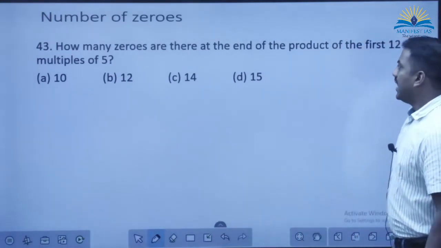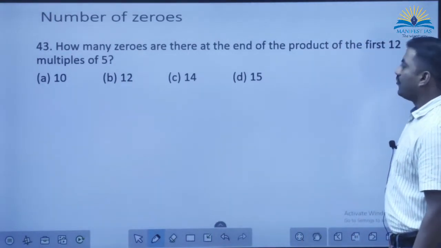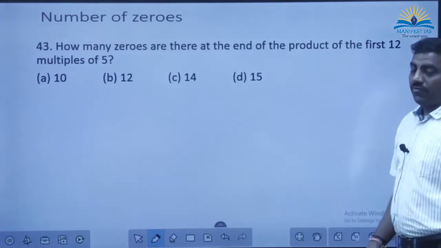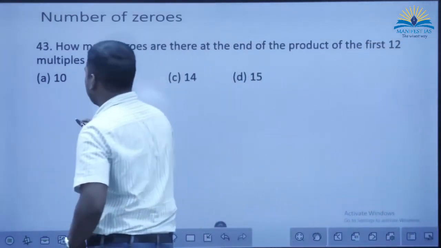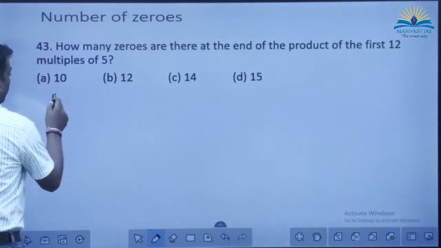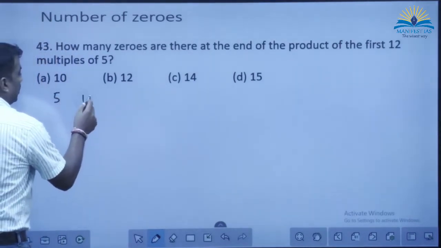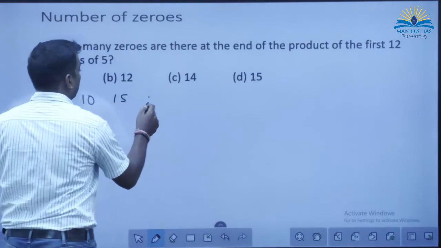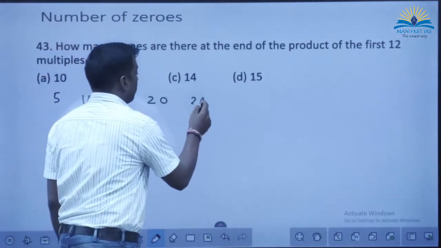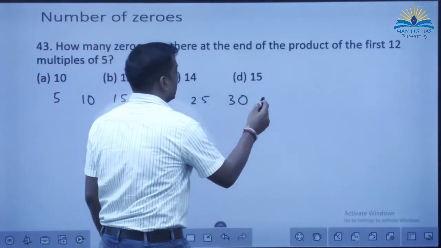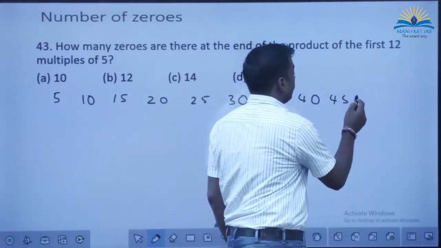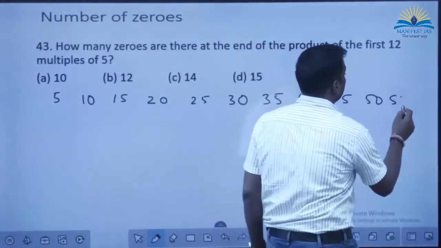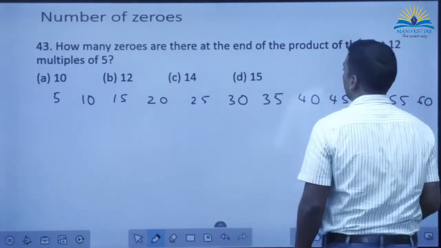How many zeros are there at the end of the product of the first 12 multiples of 5? Where do we start? 5, 10, 15, 20, 25, 30, 35, 40, 45, 50, 55, 60.